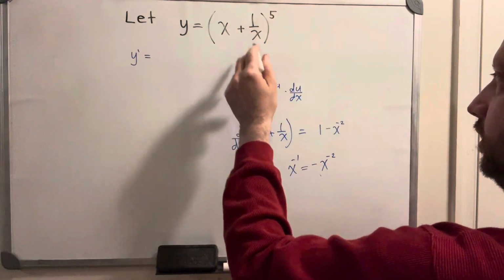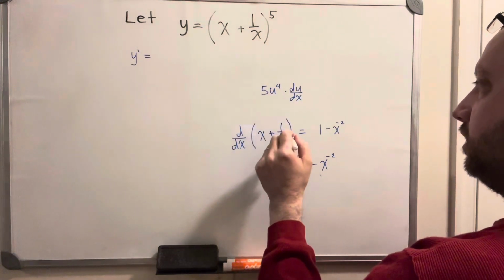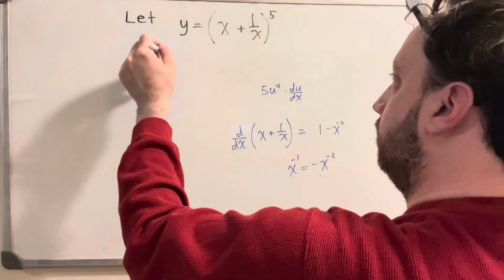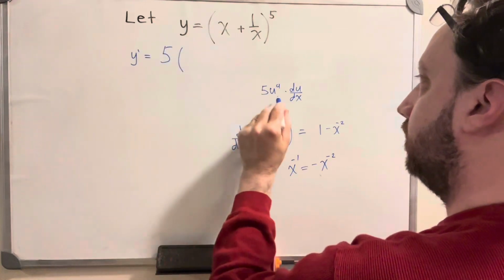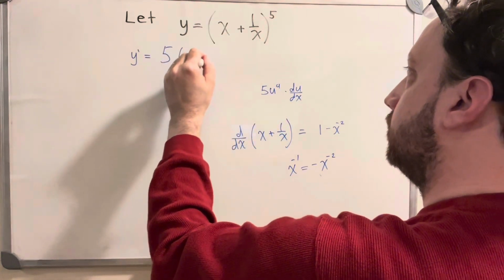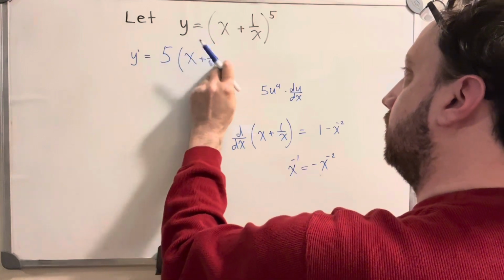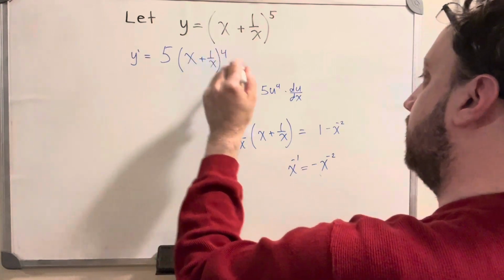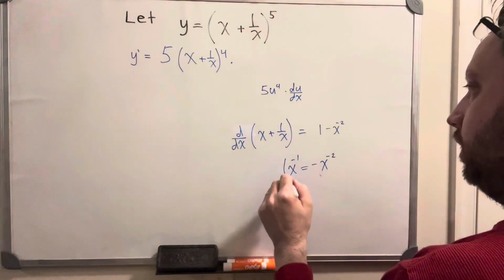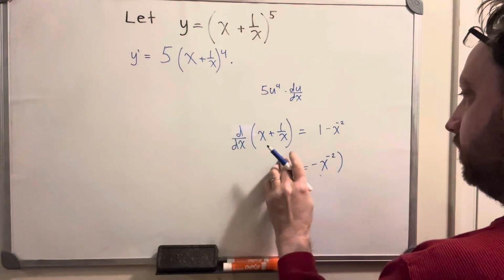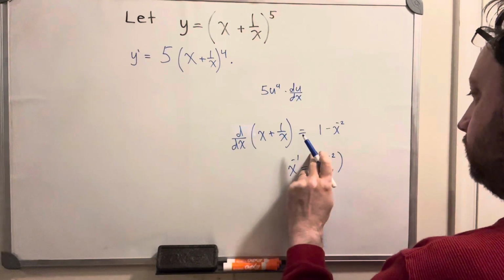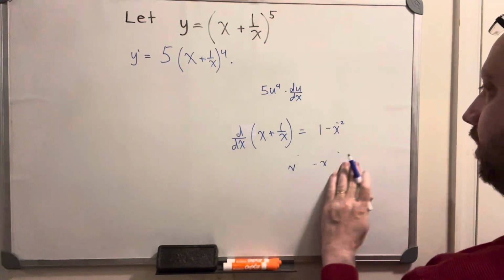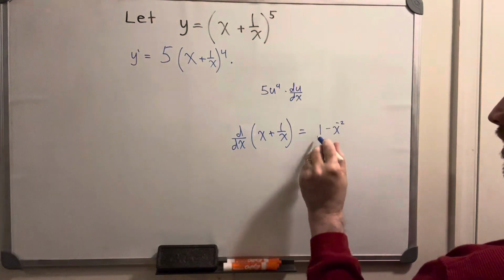So that means that if u is x plus 1 over x, then we write this: 5 times x plus 1 over x to the 4th, times, now we just figured out the derivative of u with respect to x, is this.